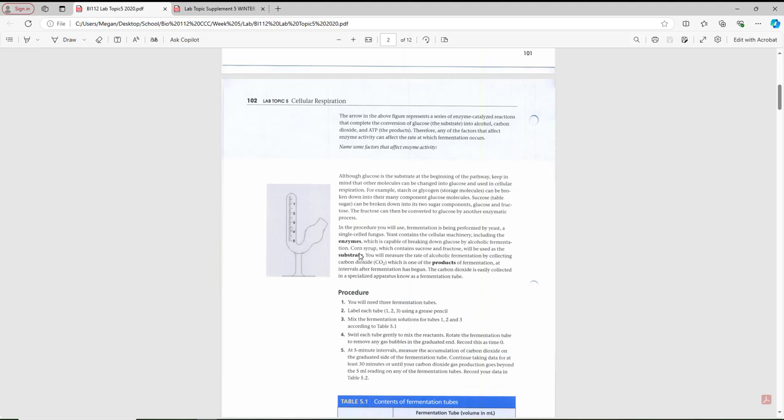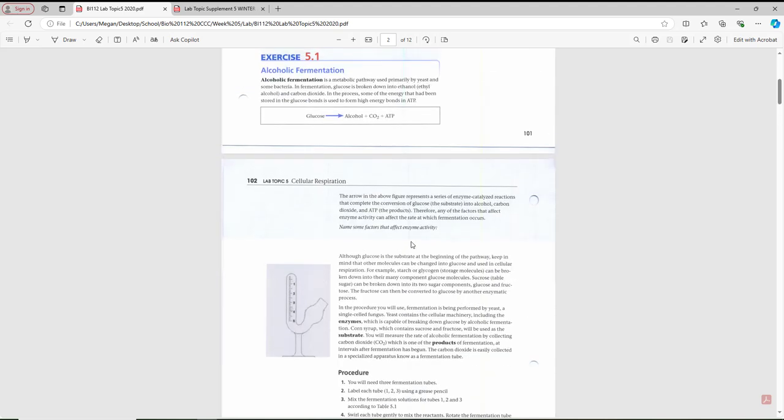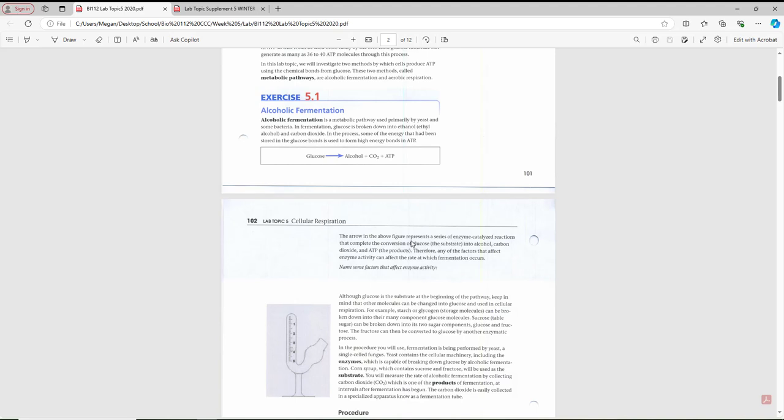Corn syrup is sugar, basically high fructose corn syrup. Fructose is very similar to glucose, and we learned in the last video of our lecture that fructose can give us the same outcome as glucose in our reactions.